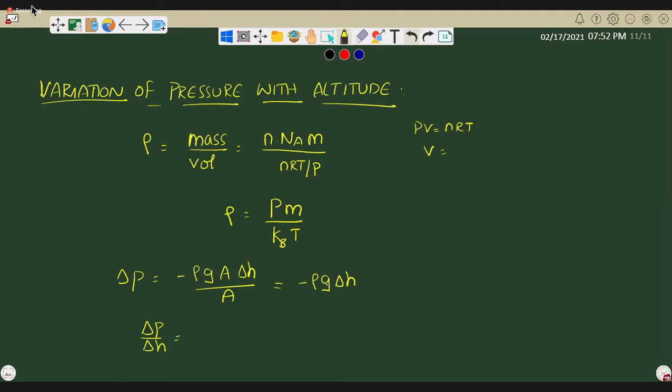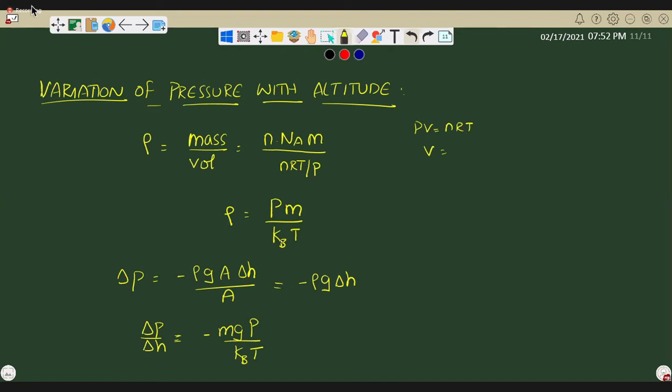So from this, delta P divided by delta h is equal to minus rho g. Now I'll just rewrite these terms.